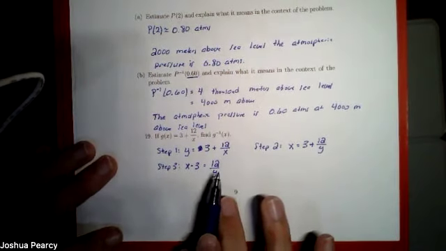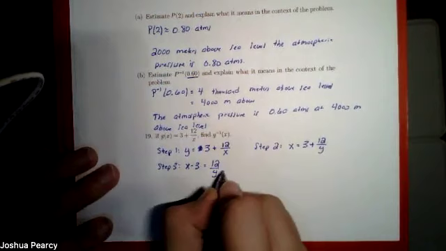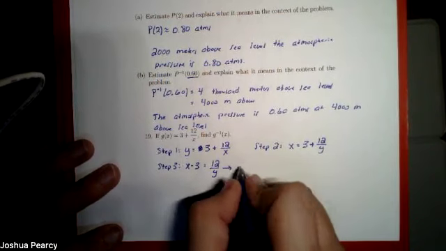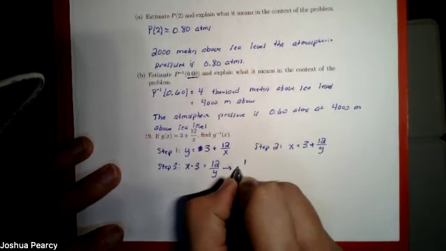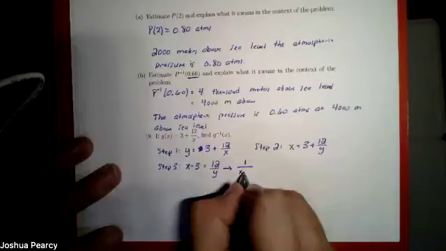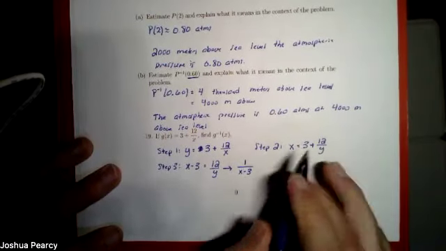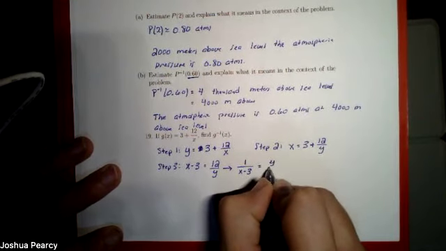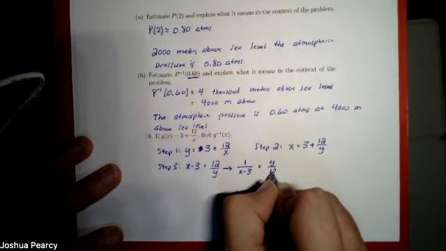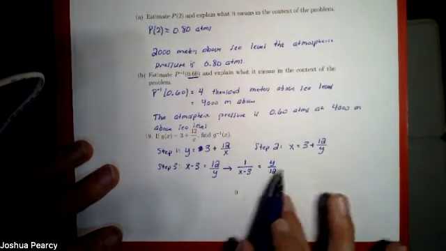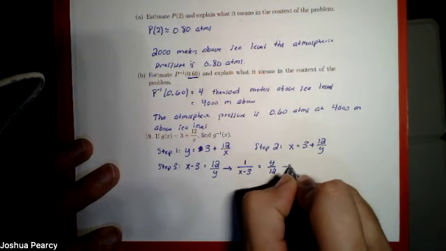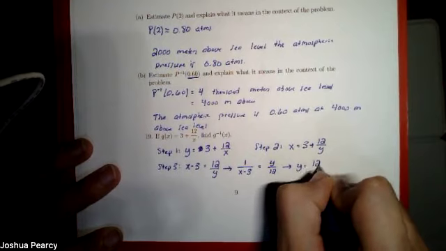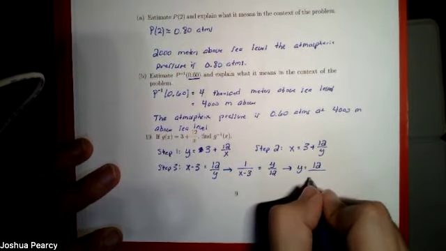Now I've done this trick a couple of times in class where I just flip both sides, right? So let's try to do that. If I flip both sides, this x minus 3 becomes 1 over x minus 3. And whenever I flip 12 over y, it becomes y over 12, right? And now to solve for y, I just multiply both sides by 12. Then I would have that y is equal to 12 divided by x minus 3.